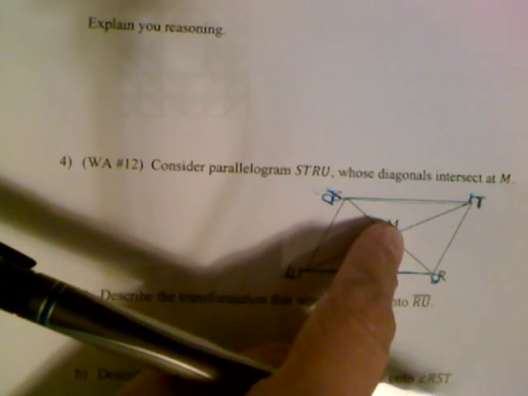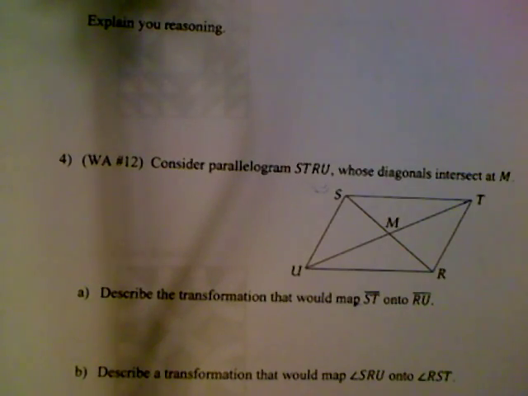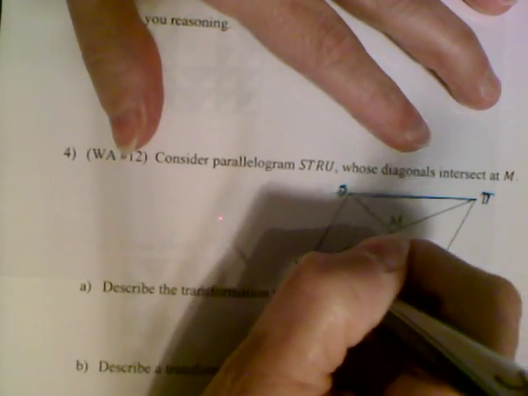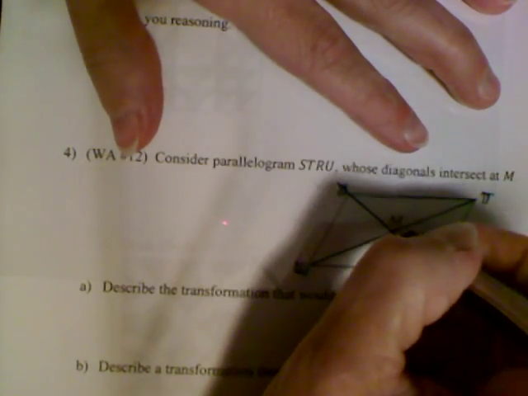All right, and the same works to find the angles SRU and RST. If we reflect UM across, hold on. If I reflect UM across this line, then I get this one.